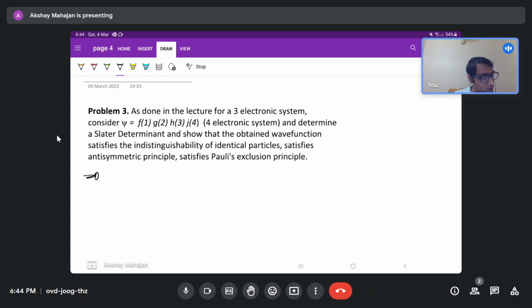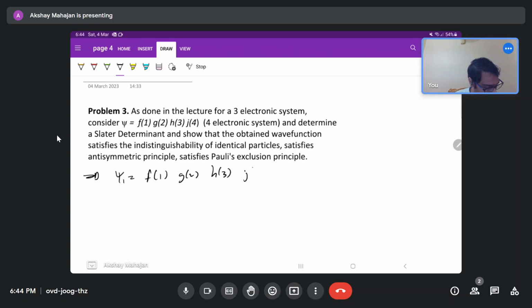So we know that we have this F, G, H, and J. We have 4 wave functions. So we know what combinations are possible. There are going to be various possible combinations of these. For example, the first combination, let's say, is phi 1, G2, H3, J4.